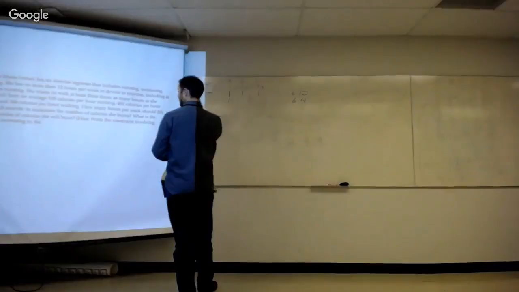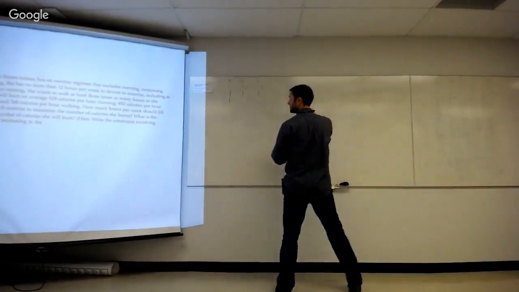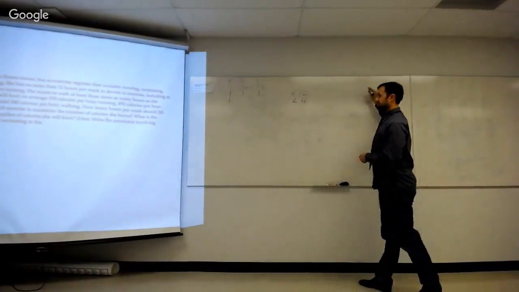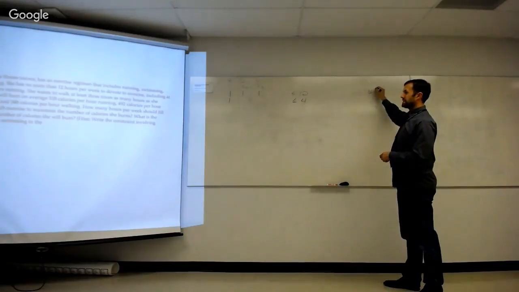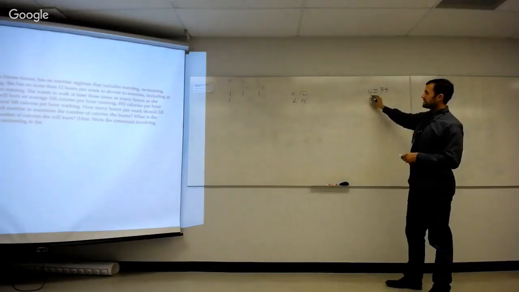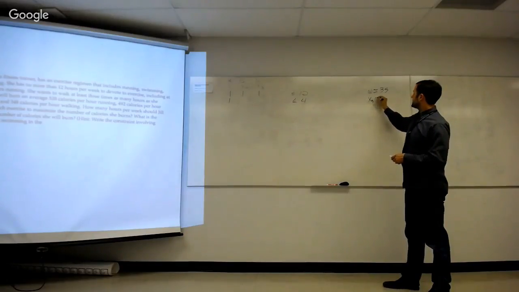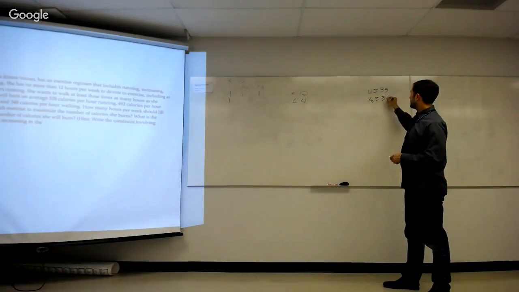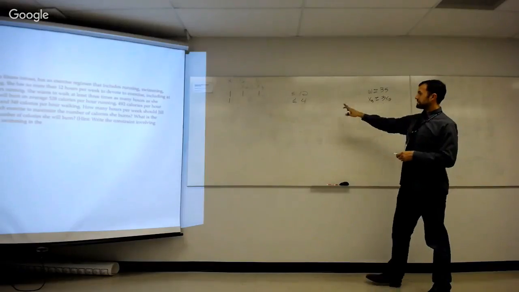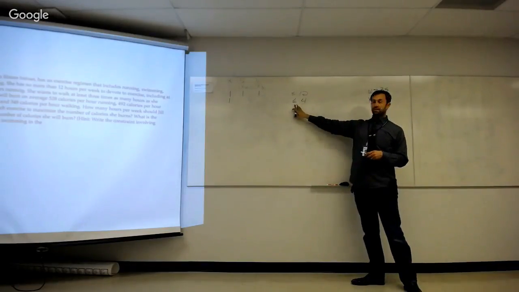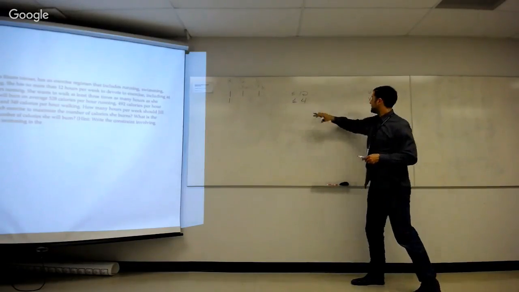And she wants to walk at least 3 times as many hours as she swims. So doing some scratch work here, walking has to be at least 3 times as much as swimming. So walking is my x3 variable. That has to be greater than or equal to 3x2. But we need all of this to be in the form of less than or equal to a number, so I need my variables on the less than or equal to side.